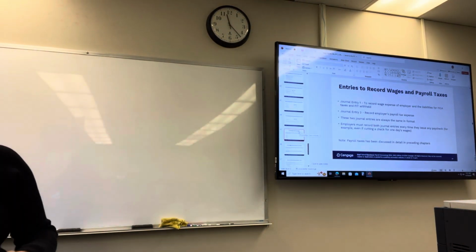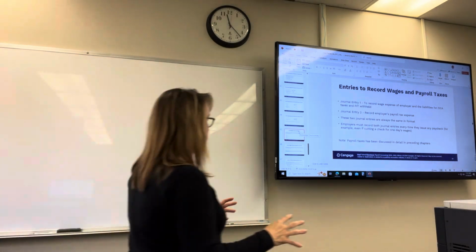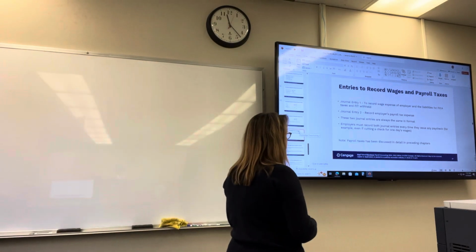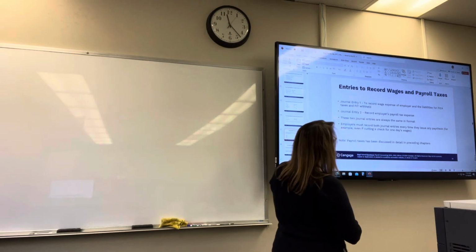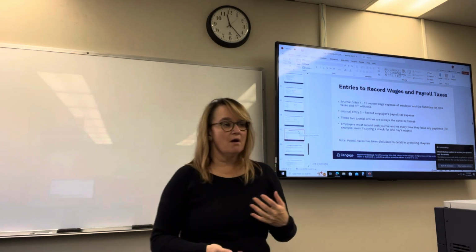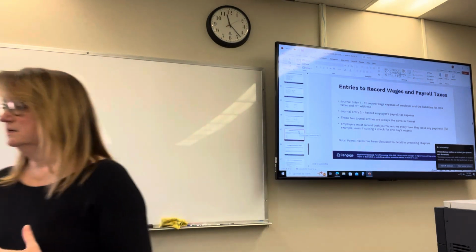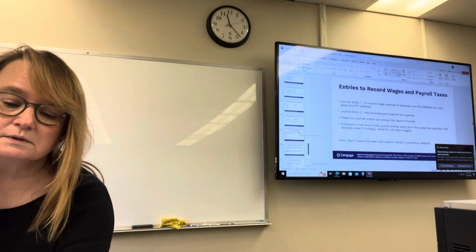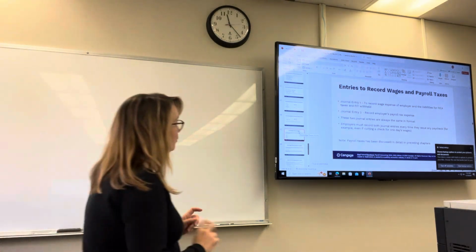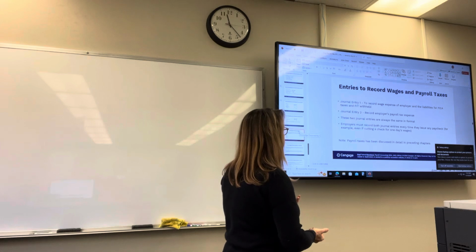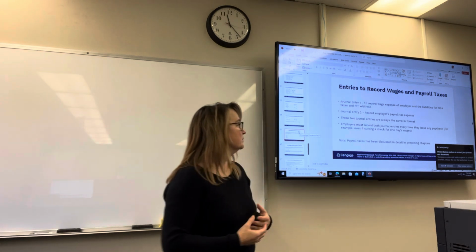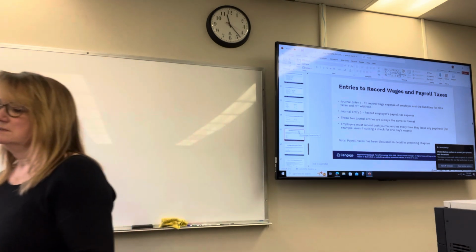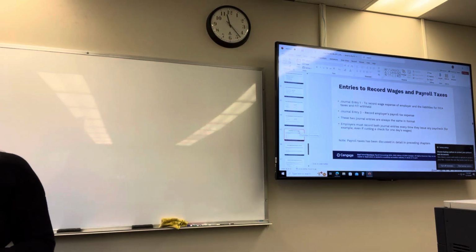So like I said, there are 4 journal entries that we're going to take a look at. The first couple of entries are made when payroll actually takes place. First journal entry is when we record the wage expense of the employer.